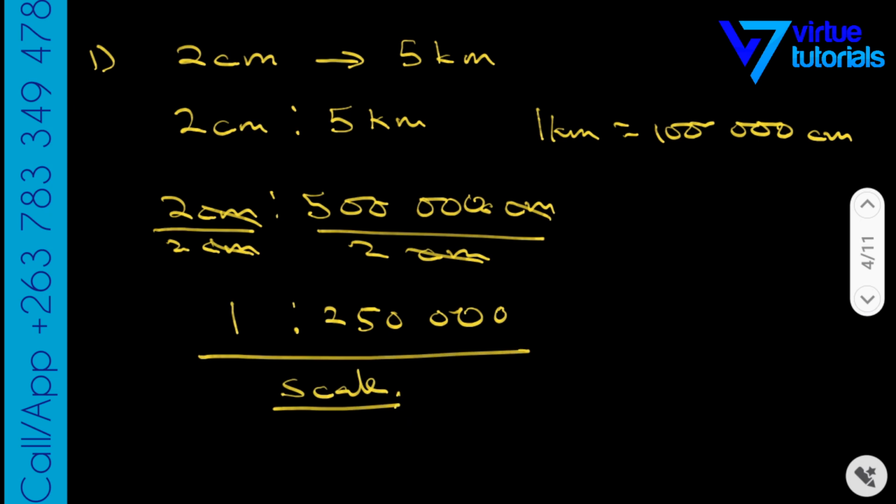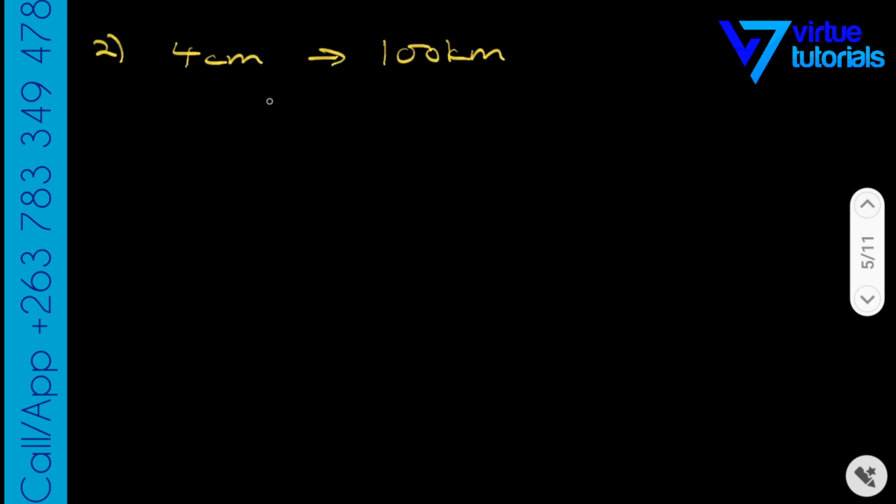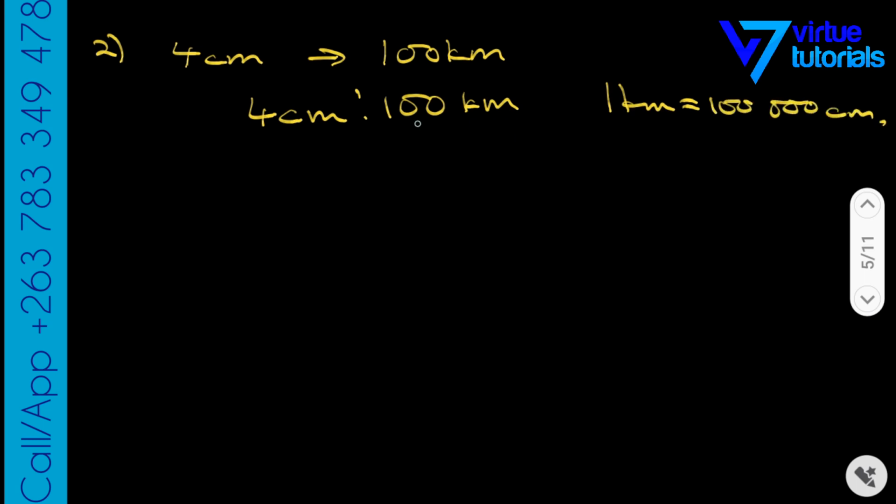So when a map has a 2 centimeter length representing 5 kilometers in reality, its scale is 1:250,000. What if a map has 4 centimeters representing 100 kilometers? Now we know, like I said, 1 kilometer is 100,000 centimeters. So 100 kilometers, if you multiply that by 100,000, is going to give you 10 million centimeters.